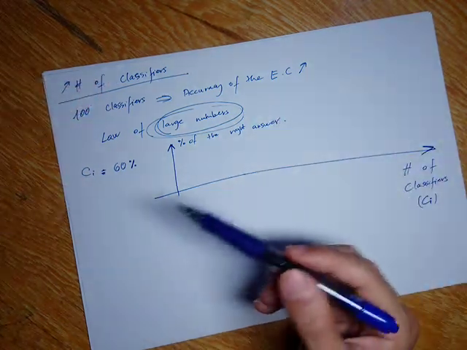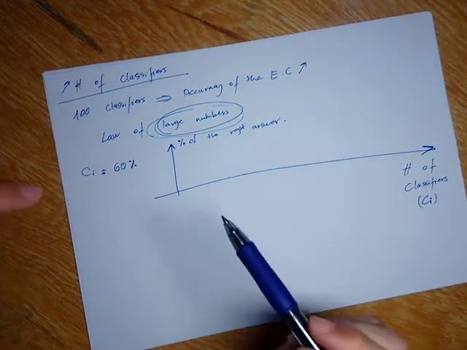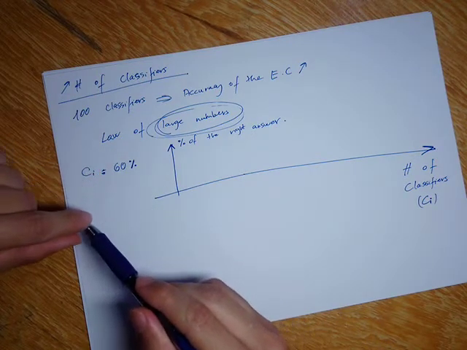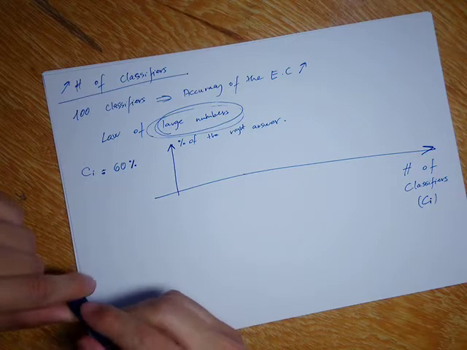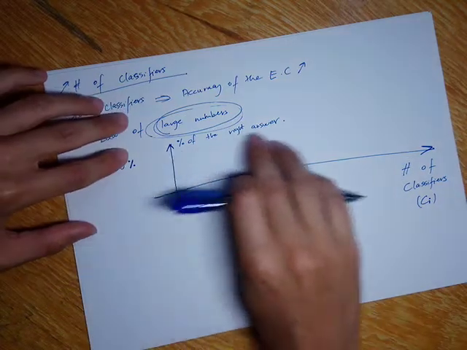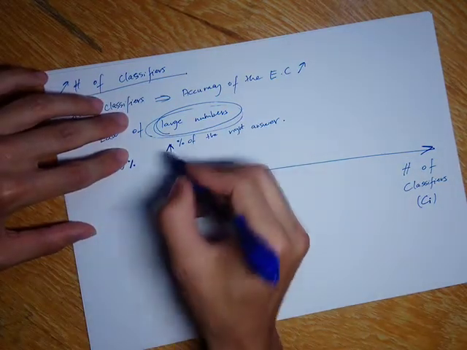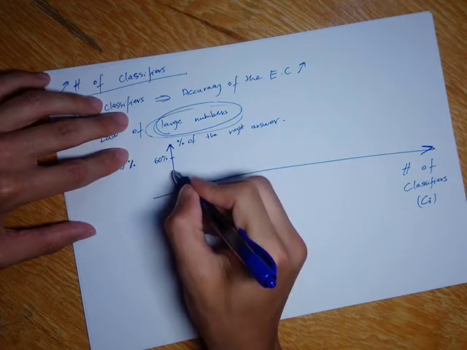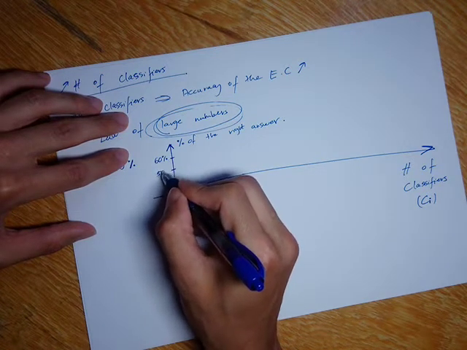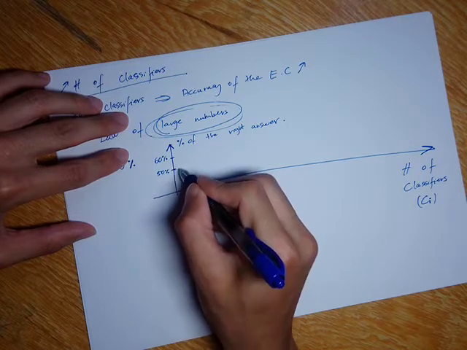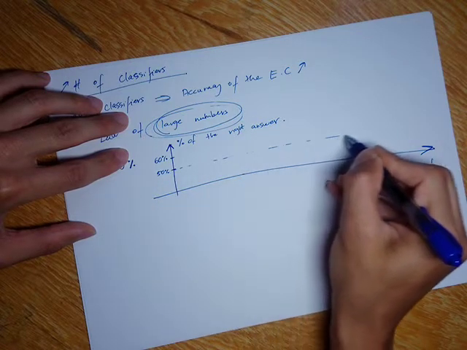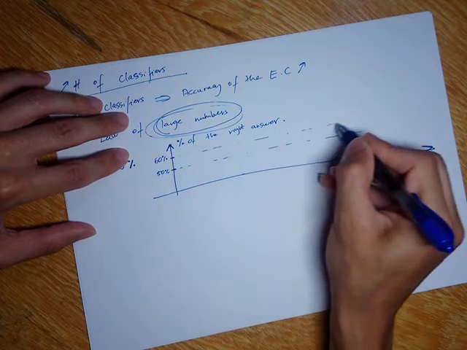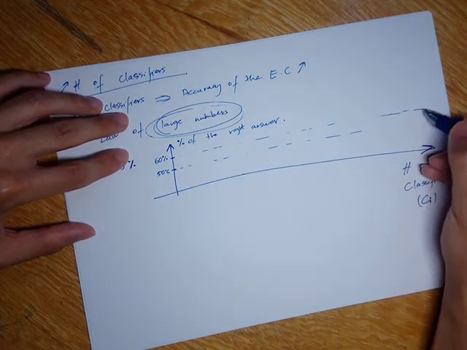Normally, this proportion should be 60%, but it turns out that this is not the case, and I will tell you why. If I plot that curve, this is what I would get. Say that this is 60%, and it's also useful in this context to represent 50%. I will tell you why. So this is a horizontal line that represents 50%, and this is another horizontal line that represents 60%.